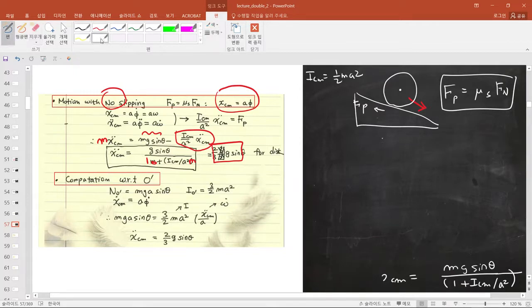So let's do this computation around O prime here now, because here also you can use dL over dt is equal to the torque. Okay. Now, if you calculate the torque with respect to this point here, what is the torque with respect to that point here?